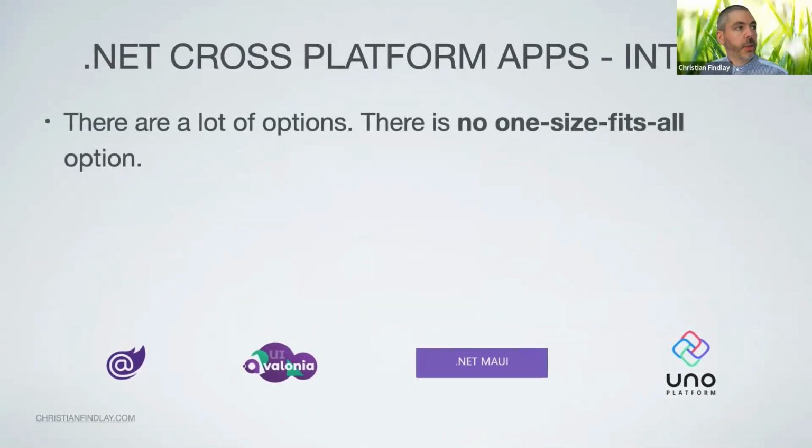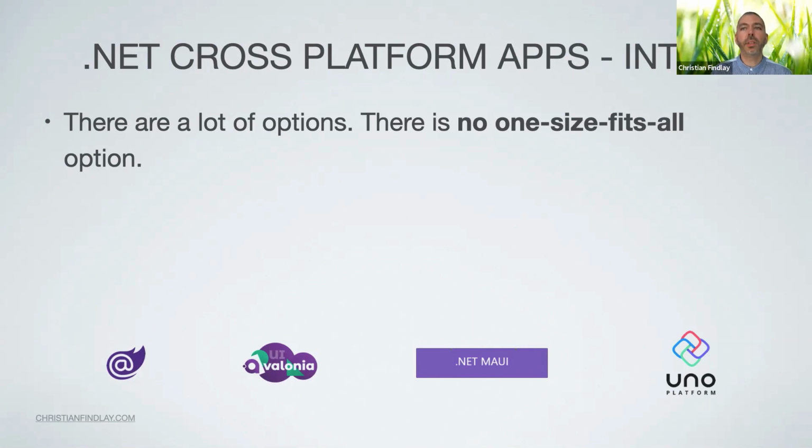Cool. So the first thing that everyone will probably understand right now is that there's no real one-size-fits-all solution for cross-platform apps on .NET. There are a lot of options, and there's nothing that's going to be right for your business right at this point in time.